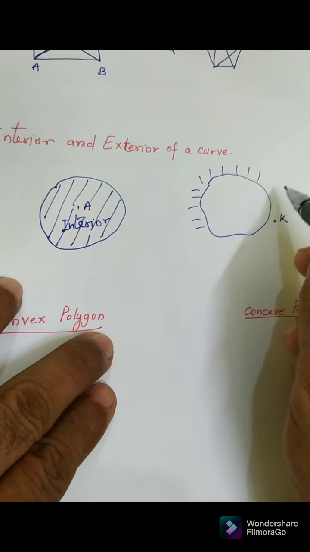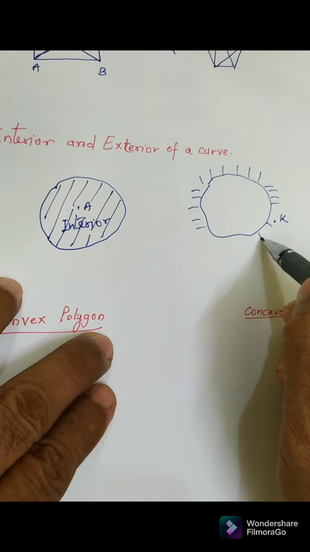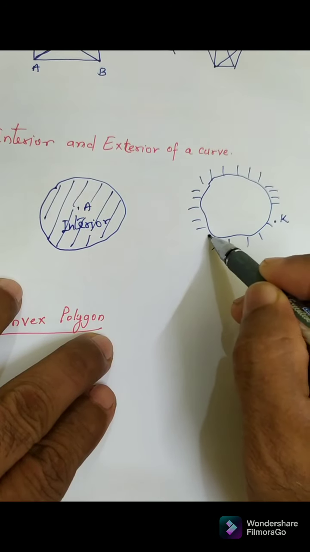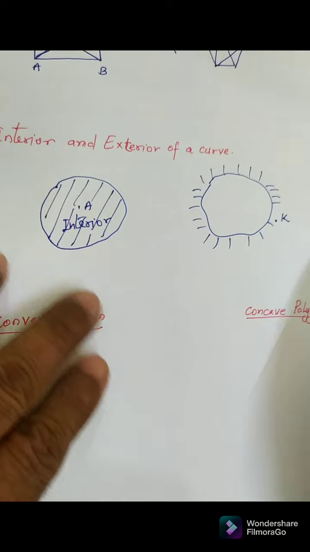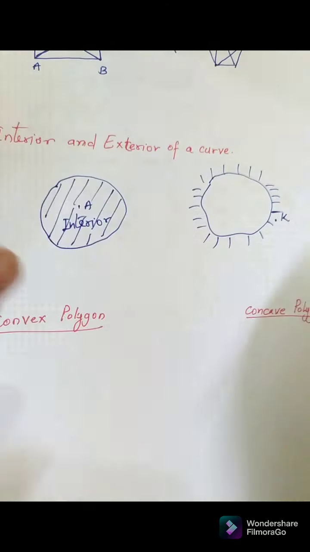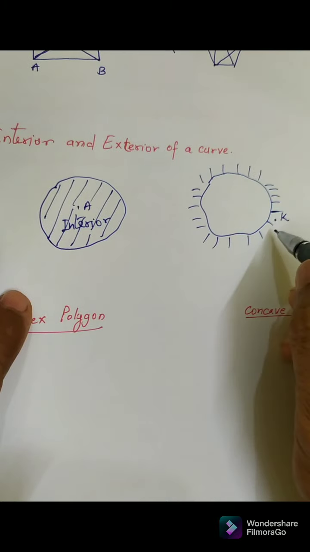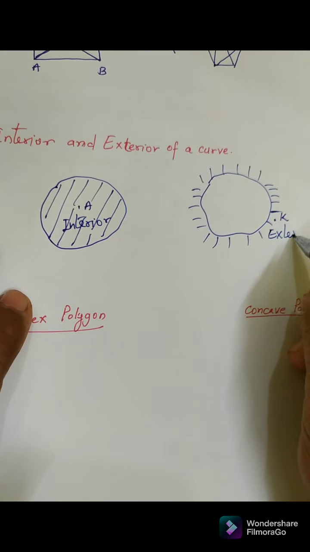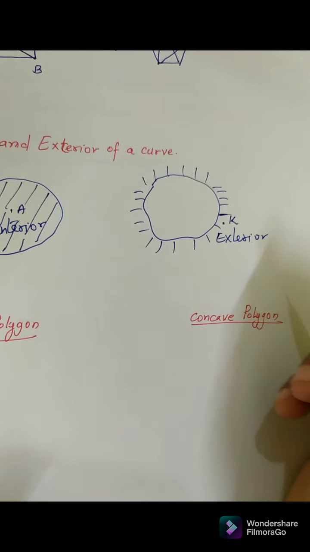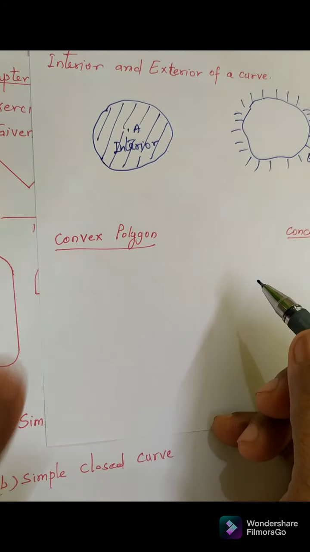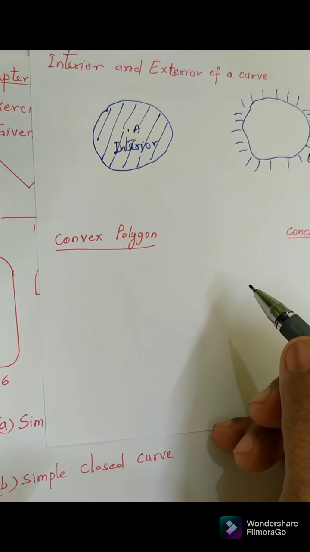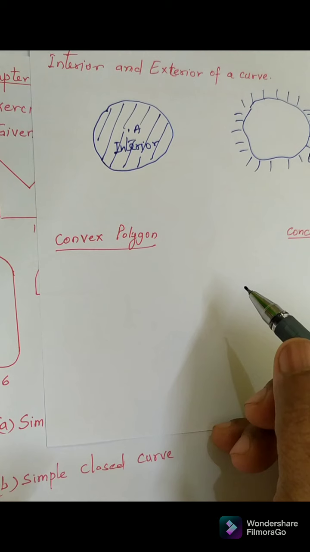So this part other than the actual curve and the inner side is called the exterior. So this is the interior, this is the exterior part of the curve.